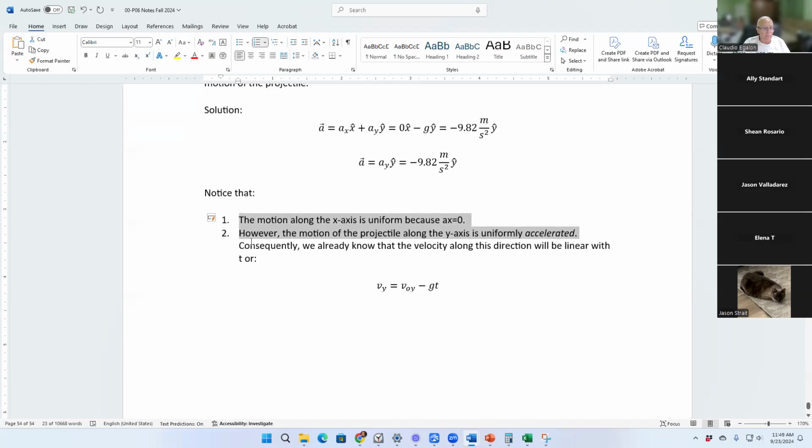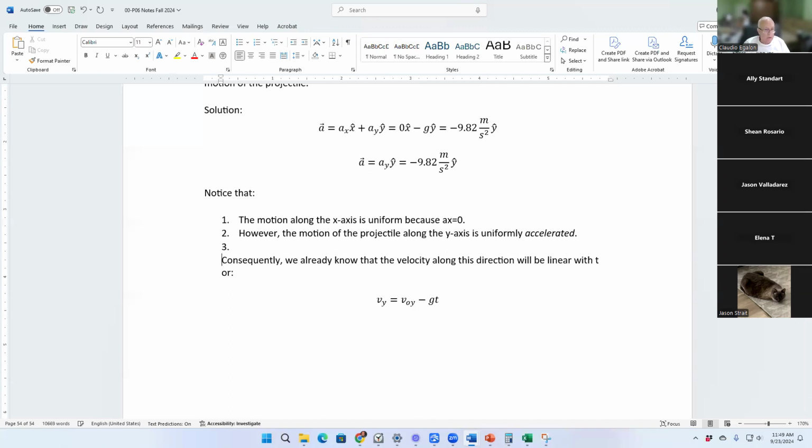Consequently, we can write the equations for the velocity components as follows.